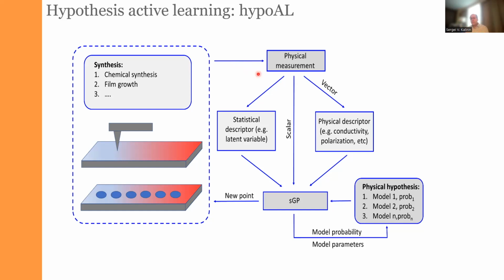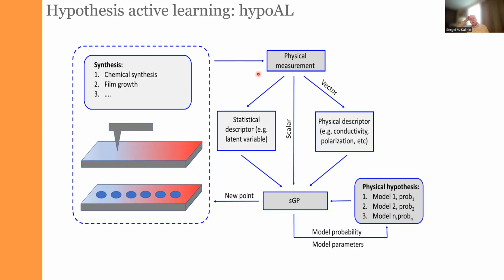We can have a hypothesis that in some system the dependence of the order parameter on the concentration is linear, or maybe it is described by a third order function with no first order coefficient. Again, it is either or. So can we use Gaussian processes for this kind of scenario?